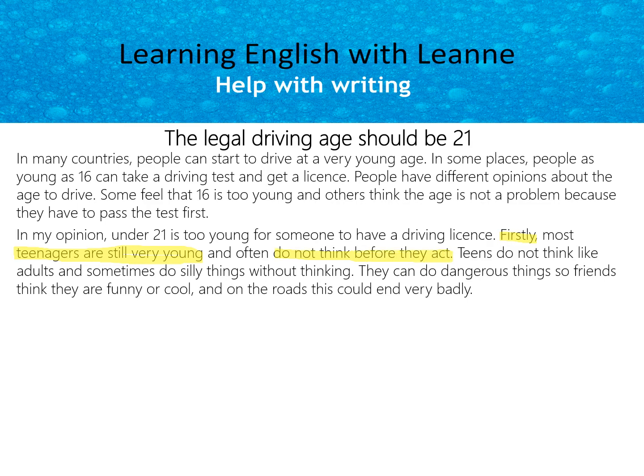Then I support this reason, so I talk about, well, how are teenagers young? They do not think like adults and, you know, do silly things sometimes, supporting the idea that they are very young and they don't think like adults.